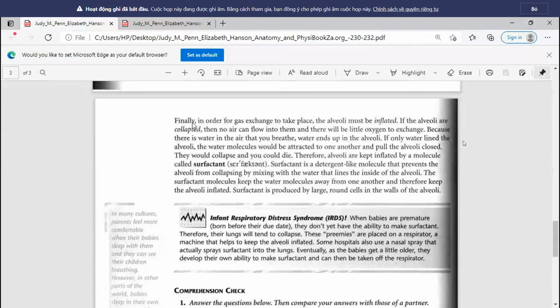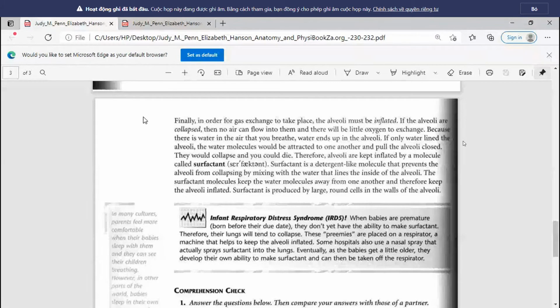Finally, in order for gas exchange to take place, the alveoli must be inflated. If the alveoli are collapsed, then no air can flow into them, and there will be little oxygen to extract, because there is water in the air that you breathe.